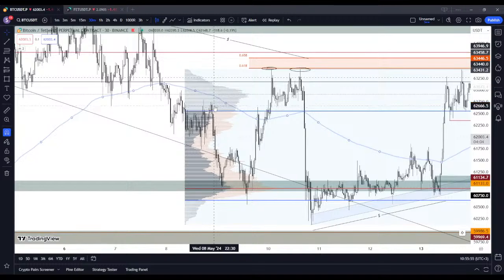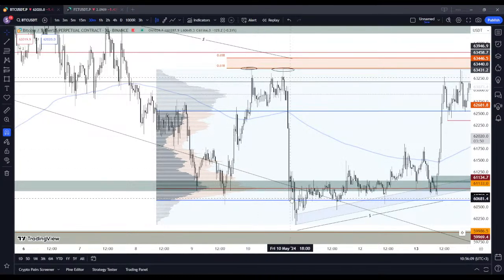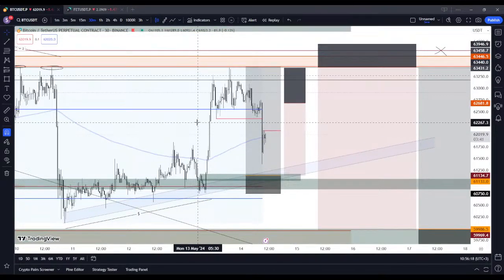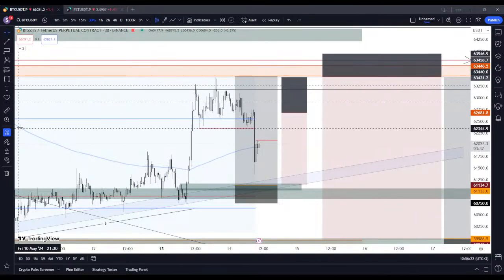Same stuff here. Dump, there wasn't the last low. And here we created the bullish market structure shift. But with the current momentum in the market, you see this bullish market structure shift didn't hold and we didn't have a good reaction. That's why I don't like this trading environment.